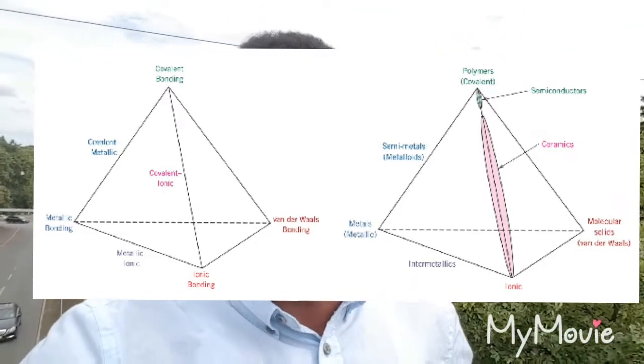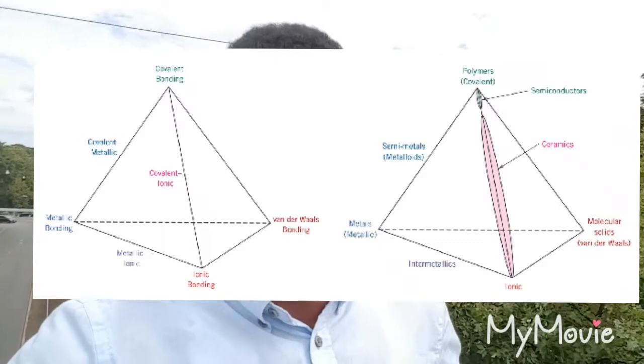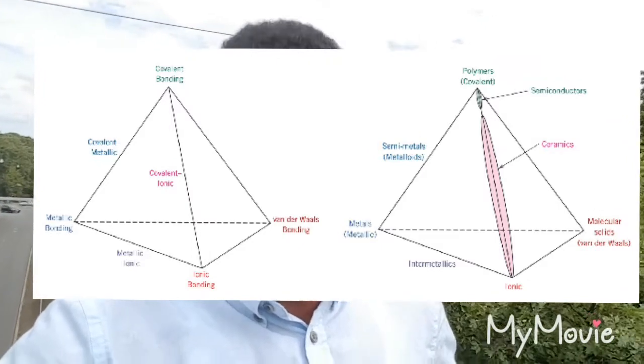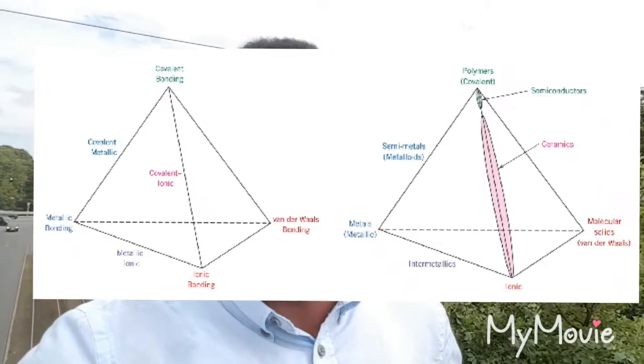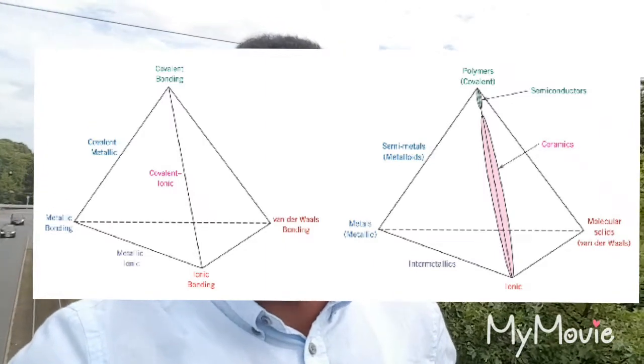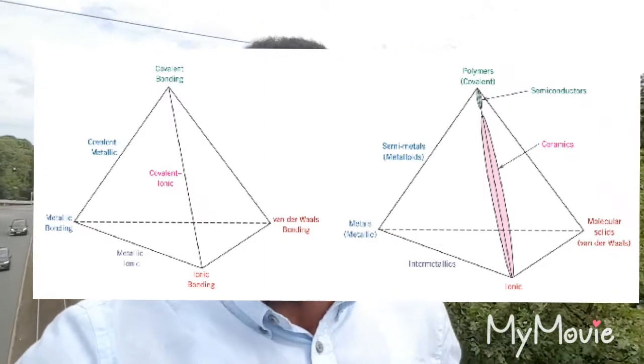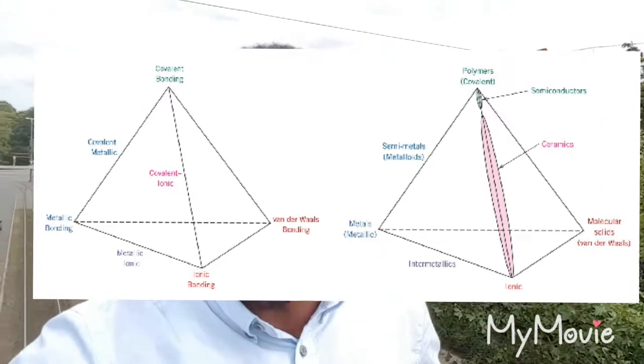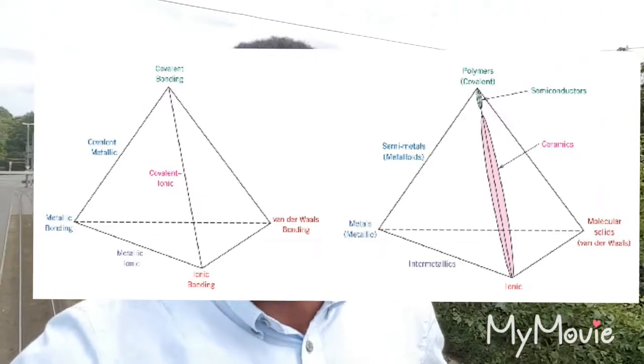Like, for example, before we talk about ceramic materials, talk about metallic materials, talk about polymers and composites, and how these materials are as a result of their atomic bonding.